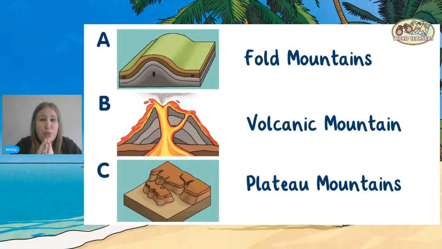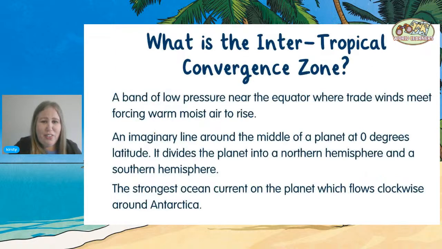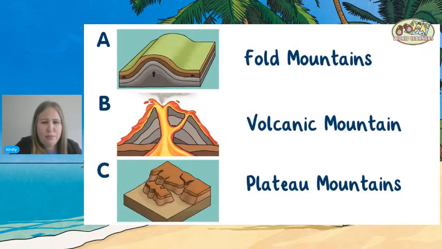We've got the volcanic mountains, those explosive volcanoes which create mountainous areas, just like in Samoa that we were talking about. And we've got the last one, plateau mountains. Well done if you got those. Right, we're out of order.